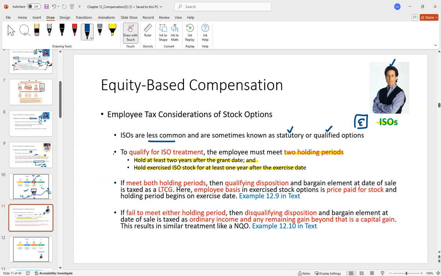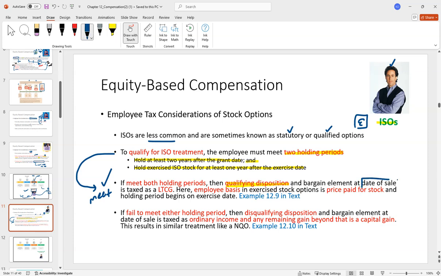If they meet the holding periods, that's good, then it's considered a qualifying disposition. If they meet both holding periods, then it is a qualifying disposition, and the bargain element at date of sale is taxed as a long-term gain.